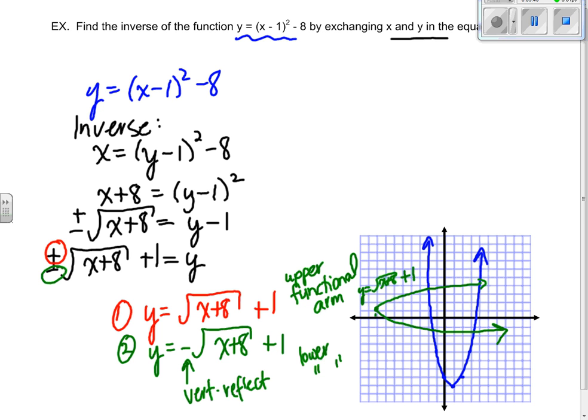And we can see that it does indeed appear to be a reflection across the line y equals x. Both green parts together are indeed not a function. And we label those as the upper functional arm and the lower functional arm.